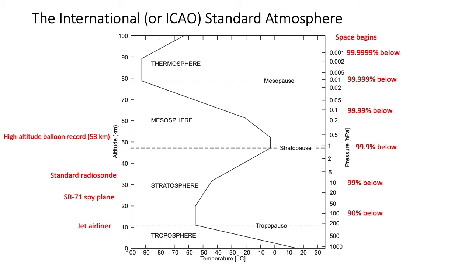This is where air stops behaving like a fluid and starts to behave like a lot of individual molecules flying around on ballistic trajectories that don't really interact with each other. It's not really behaving like a fluid anymore. There are other definitions of space used in other contexts, but for me, 100 kilometers is it, in terms of the transition from the so-called homosphere to the heterosphere, because we no longer have a mixed fluid. We have separate little molecules flying around.